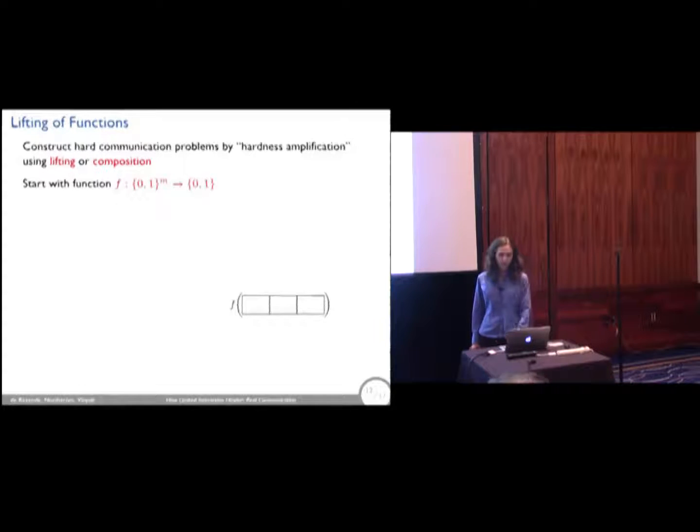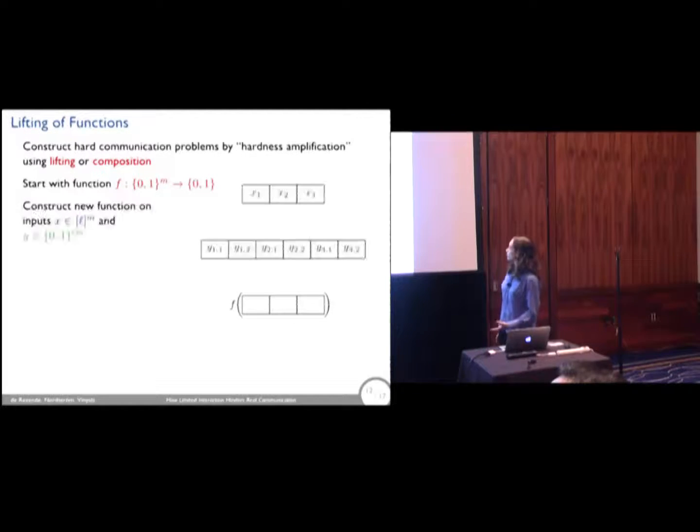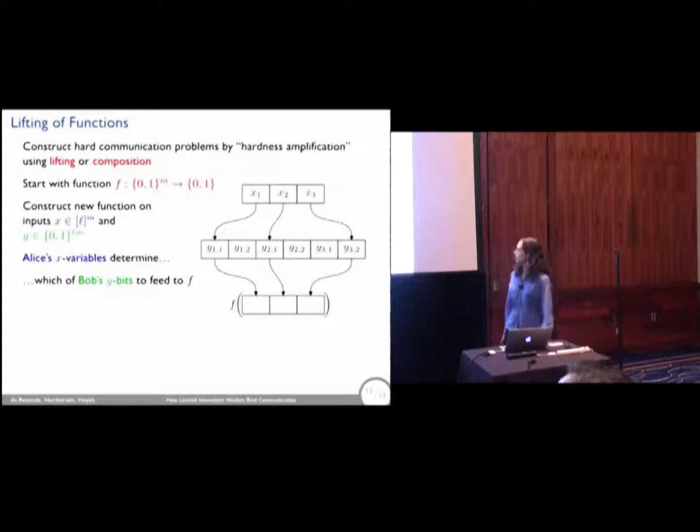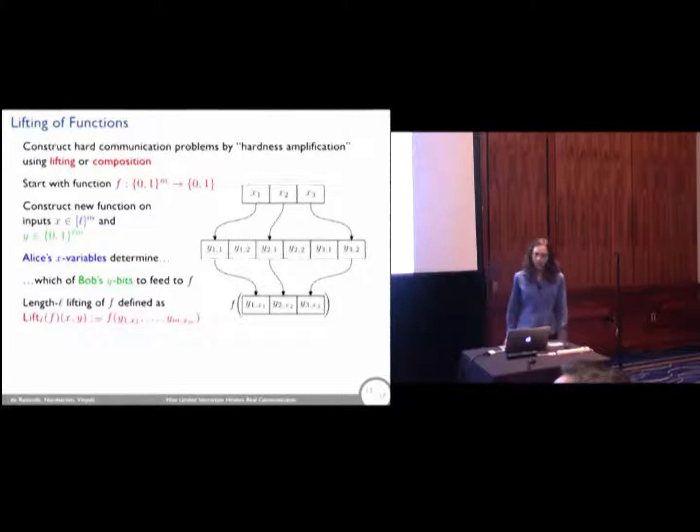Here we're given a function over n bits. We will give some variables to Alice, some variables to Bob. Alice gets indices, Bob gets a vector of bits, and Alice's indices point to which of Bob's bits should be plugged into the formula. And this is how the lift is defined.